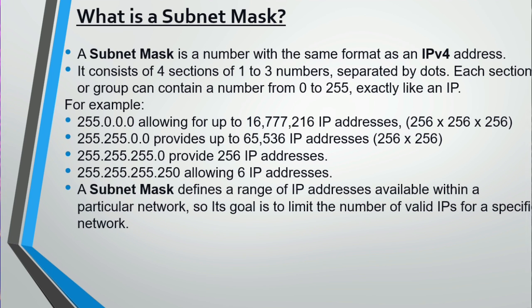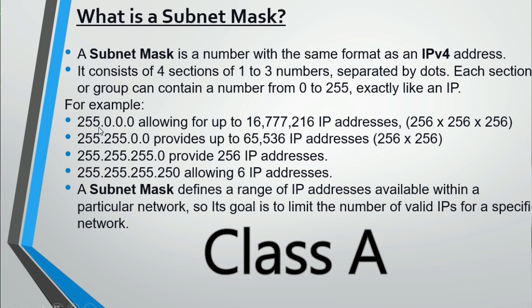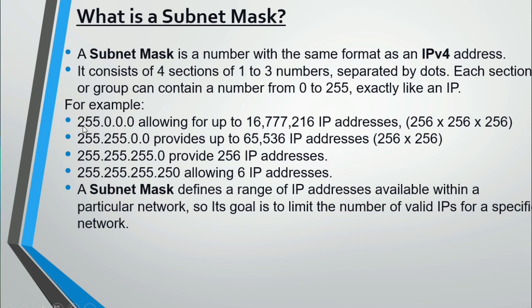16,777,216 IP addresses. This format of subnet mask, as you see, is called a class A. We have just one section full and the 3 sections are empty. So the formula that we use to get this number is 256 times 256 times 256.